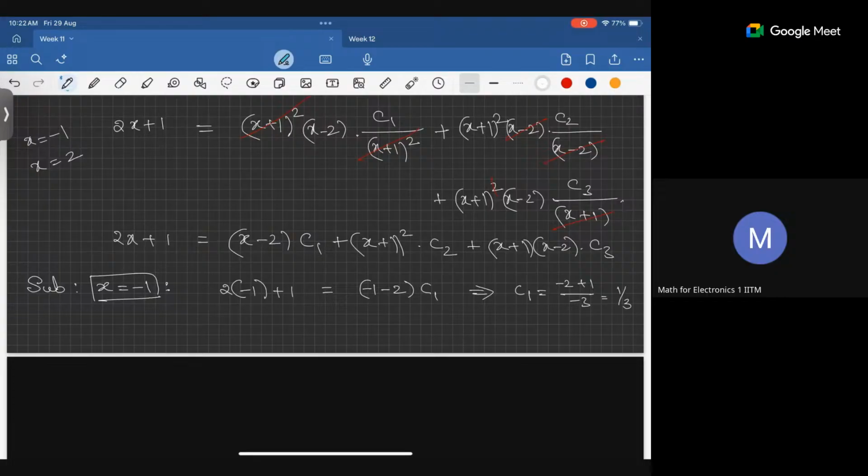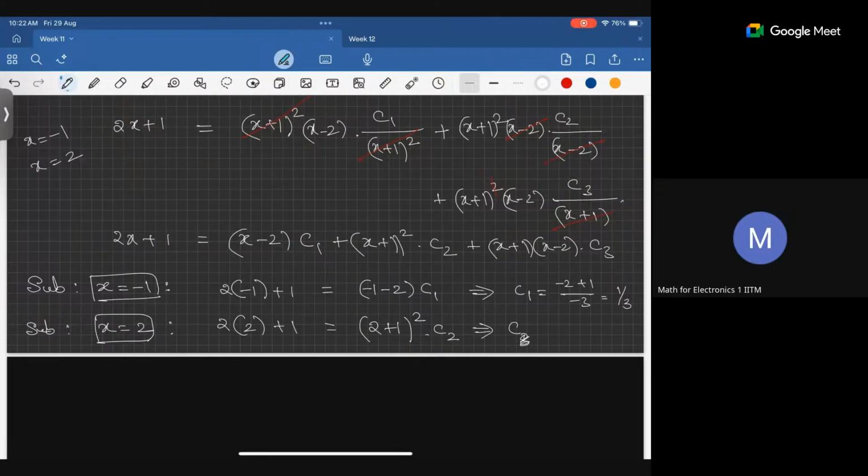So C1 we got. If I substitute x is equal to 2 in the above equation, I'll have 2 into 2 plus 1 on the left hand side. This term will go to 0, and this term will also go to 0, leaving 2 plus 1 whole square into C2.